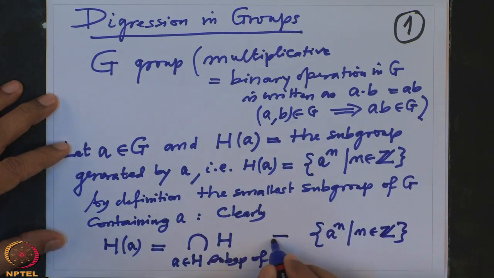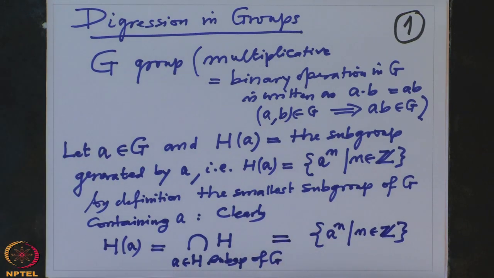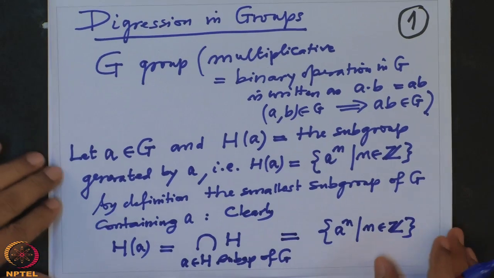So therefore we have this equality. That is the smallest subgroup of G containing A.